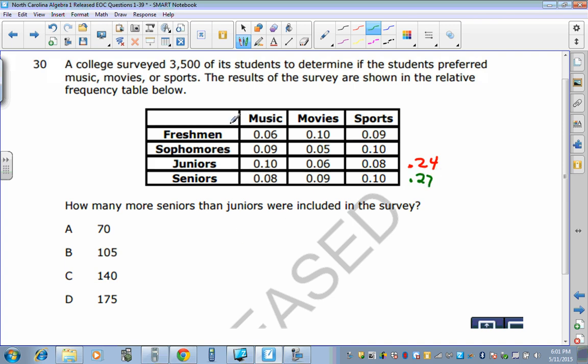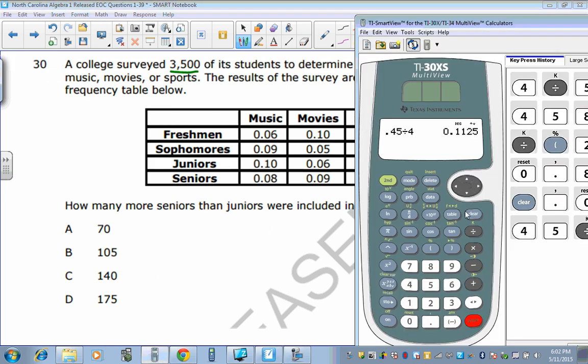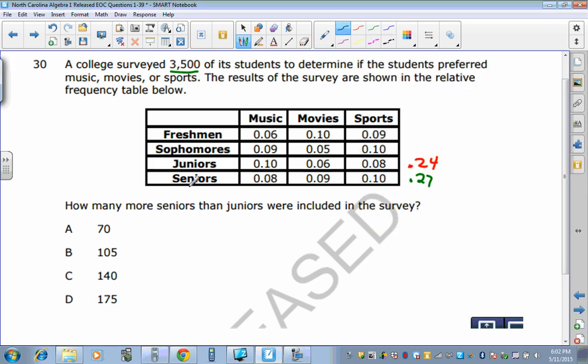Now let's find out exactly how many that was. 3,500 people were surveyed. So on our calculator, we're going to do 24% of those people were juniors. Of means multiply. So altogether, there were 840 juniors.